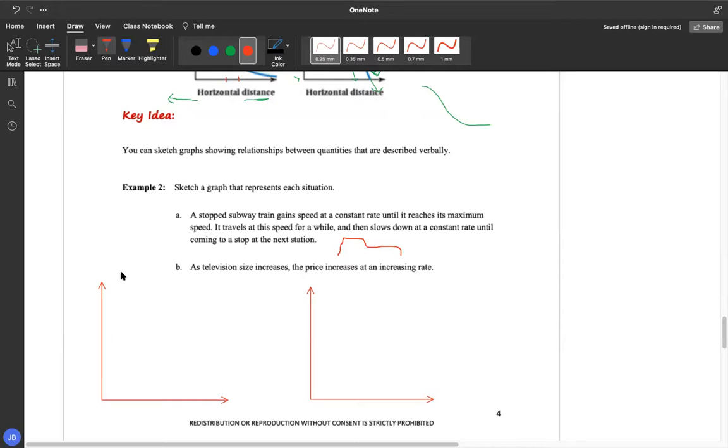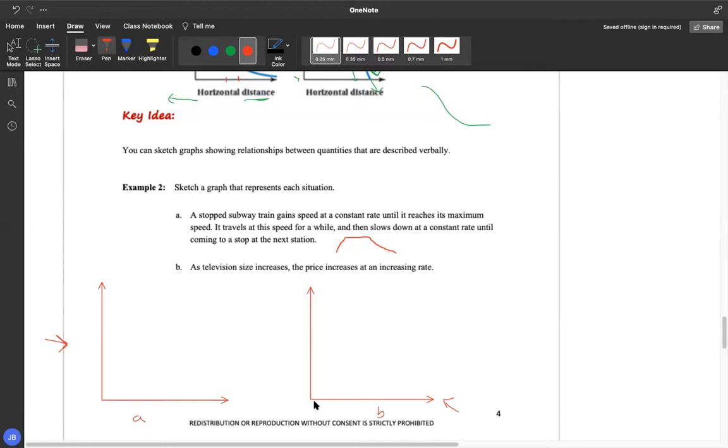Can I do B? Is that Alina? Okay, yeah. So here's A and here's B. Alina, can you do it on this graph right here? Yours says, as television size increases, the price increases at an increasing rate.